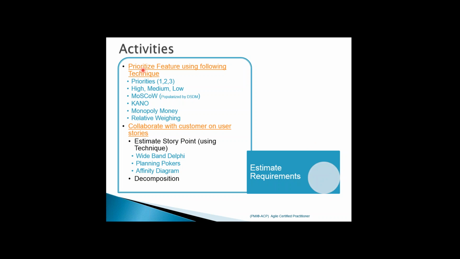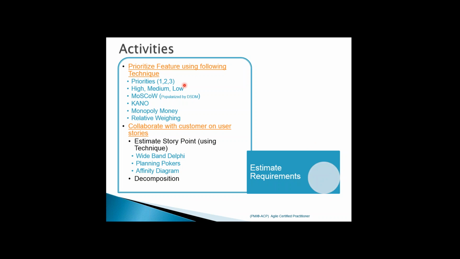Here we go. First thing is prioritize the features using one of these techniques. First is simple priorities. You assign a priority number: 1, 2, 3, things like that. There's no big deal in that. All right.